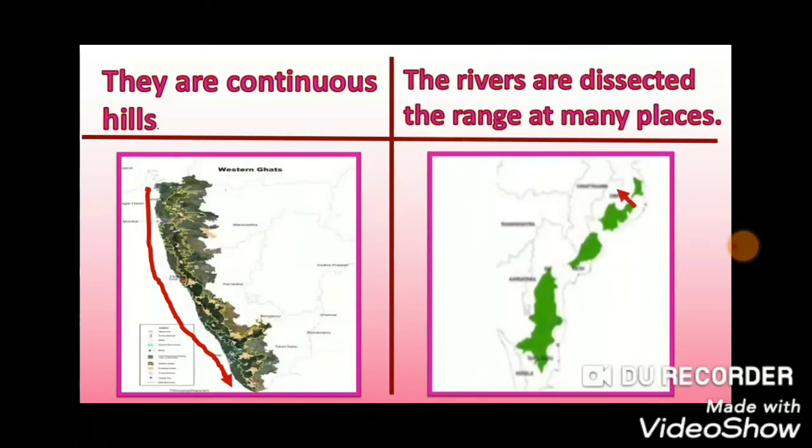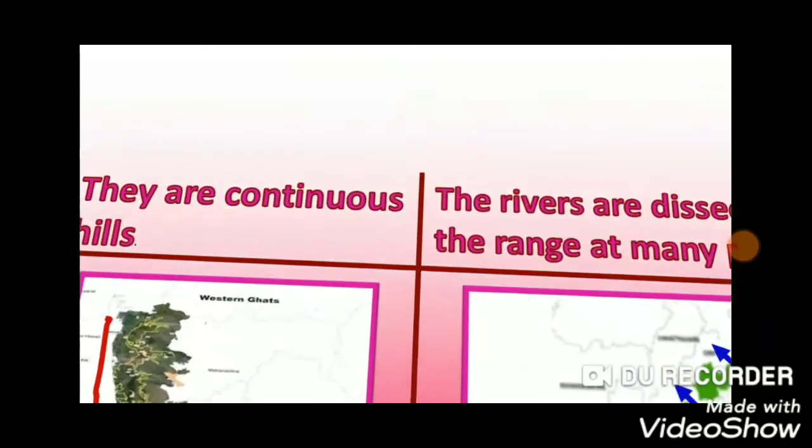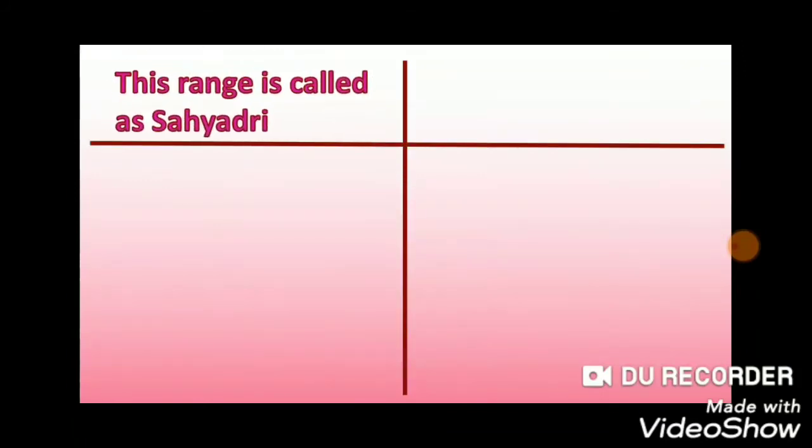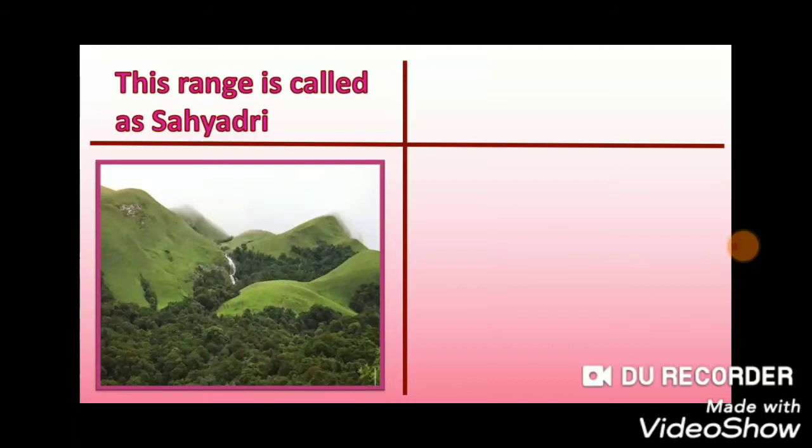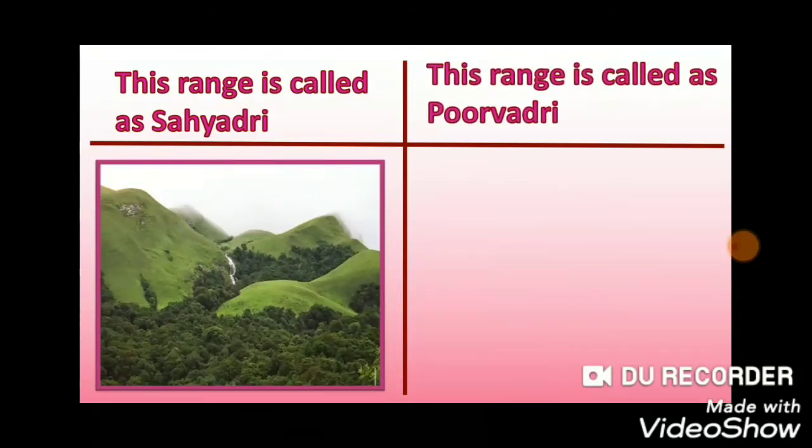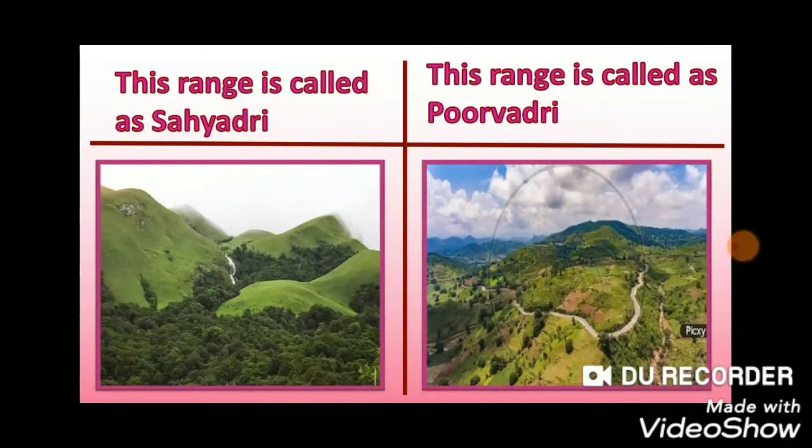Eastern Ghats are dissected range at many places by the rivers. You can see the picture, all these things. This range is called as Sahyadri. This range is called as Purvatri.